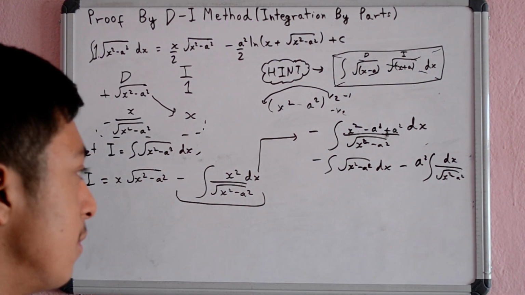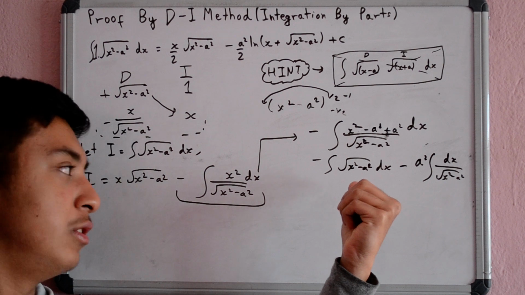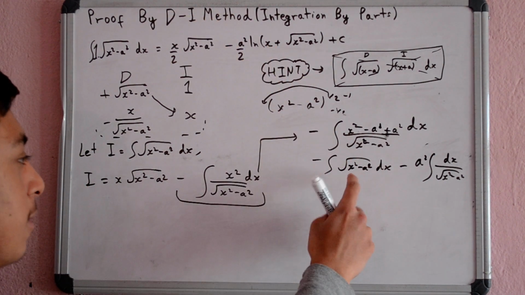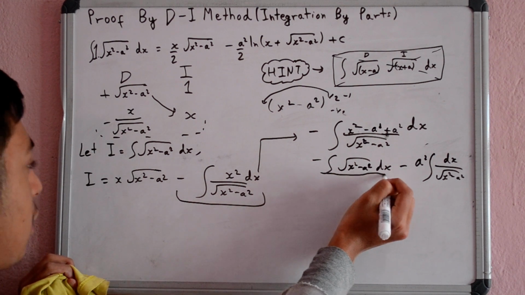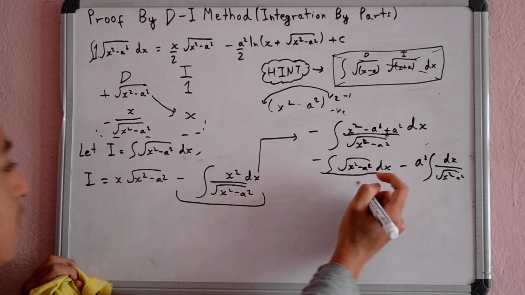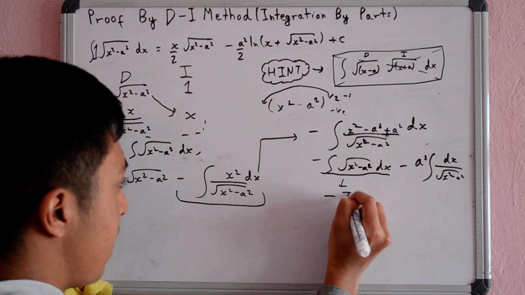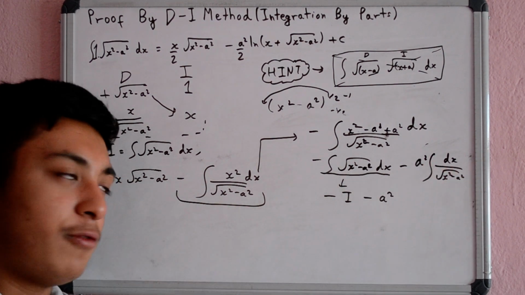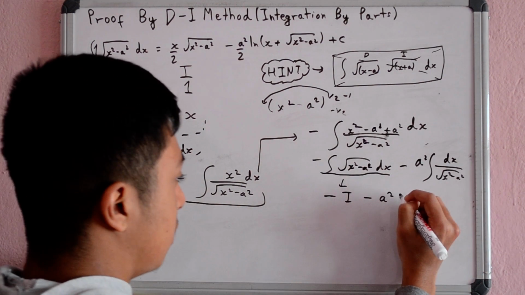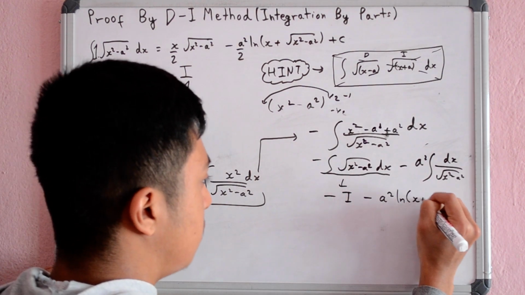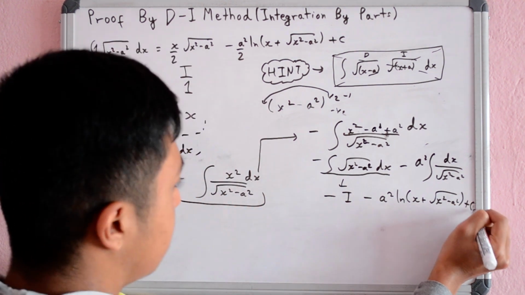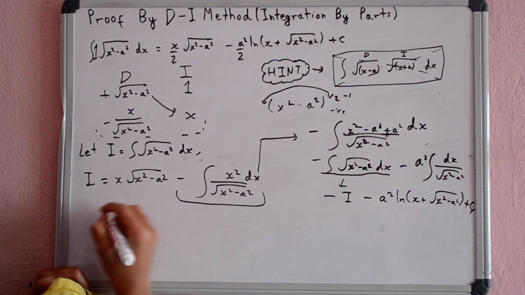Now, what is the integration of this? Well, it's that, but we're trying to prove that, so we cannot use it. But this part over here is just our I, so this is just minus I, and this is minus a square. The formula for this type of integral is ln of x plus root x square minus a square plus c1.